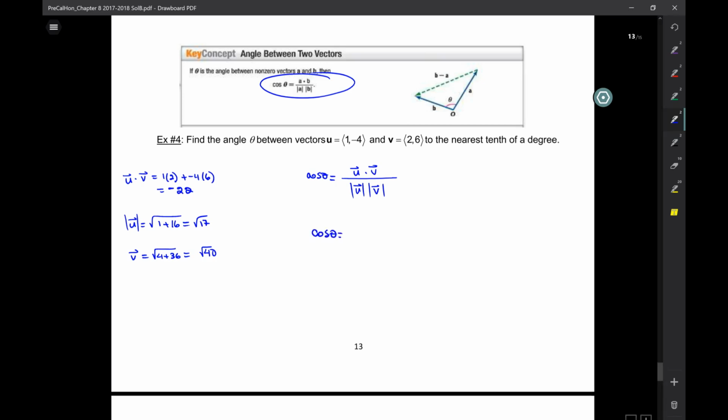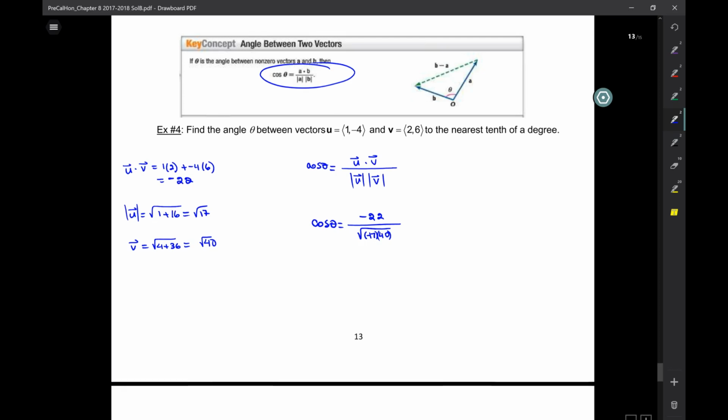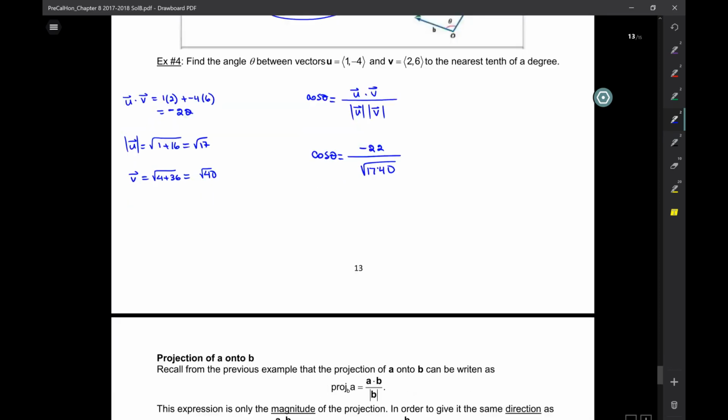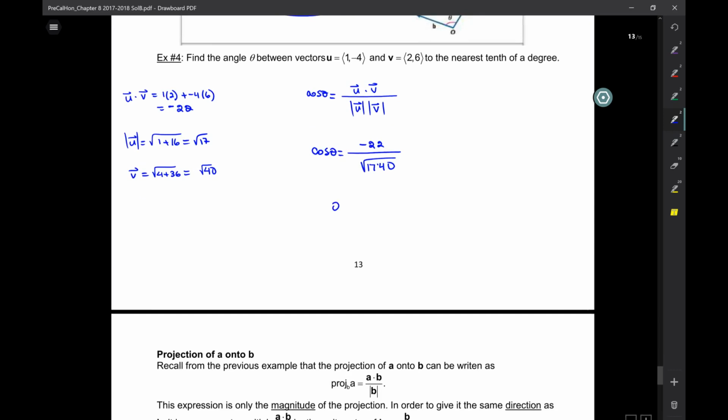So cosine of theta is going to be -22 over the square root of 17 times 40. See how I did that? Why is it not -17? Somebody? 17 times 40. All right. So what is the angle between these two?